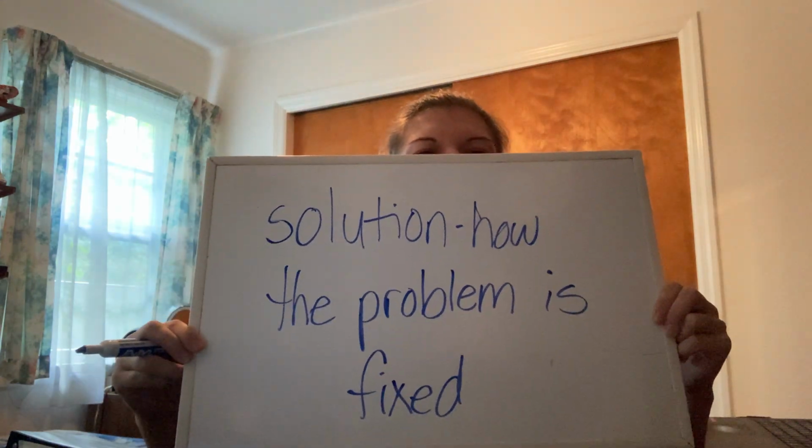So usually how a story ends is with your solution, which is how the problem is solved or how the problem is fixed. What is it that the characters do to make their problem better? And that's kind of what your story is.